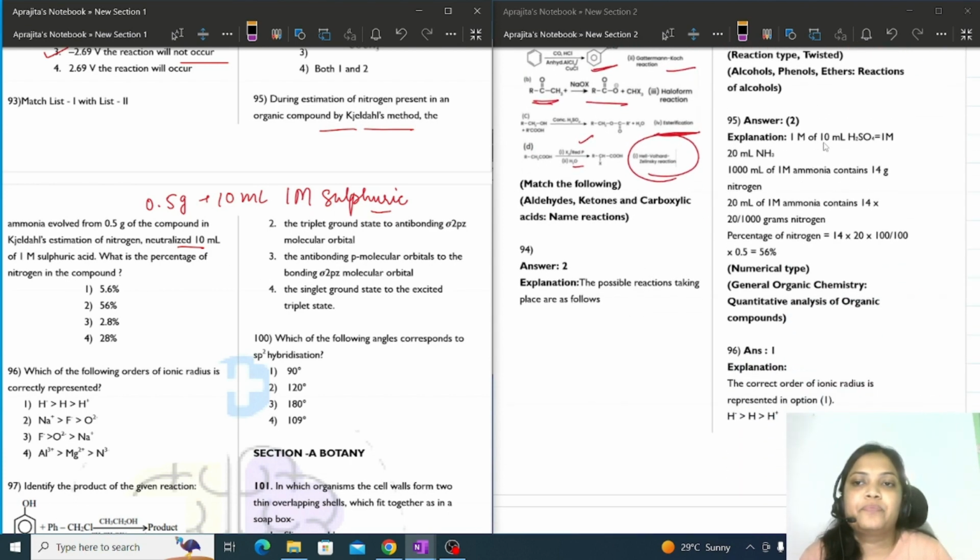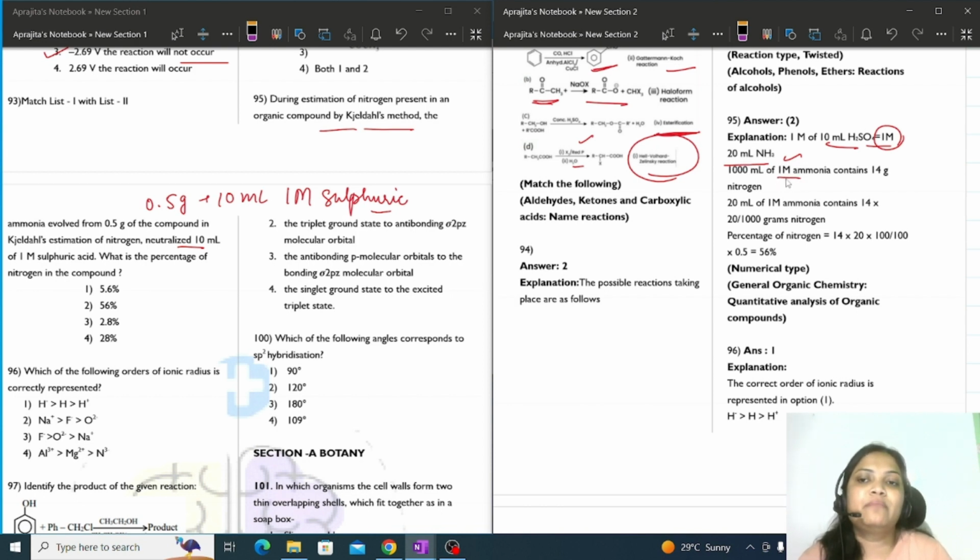Okay. So here we can say that 10 milliliter of 1 molar sulfuric acid is neutralized by 20 ml of 1 molar ammonia.